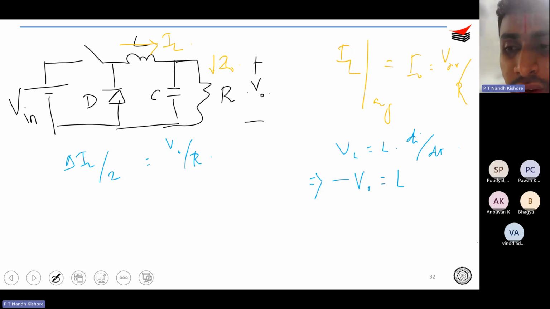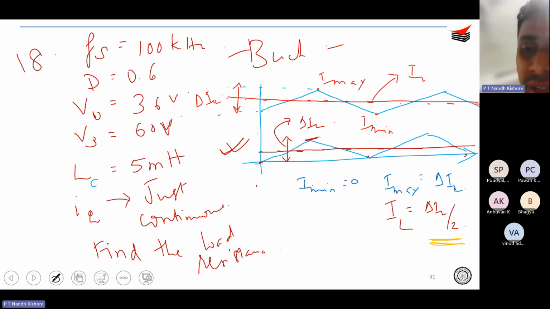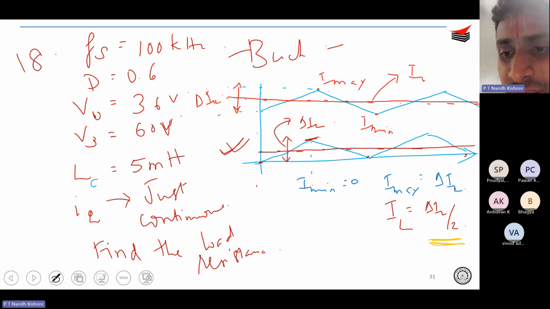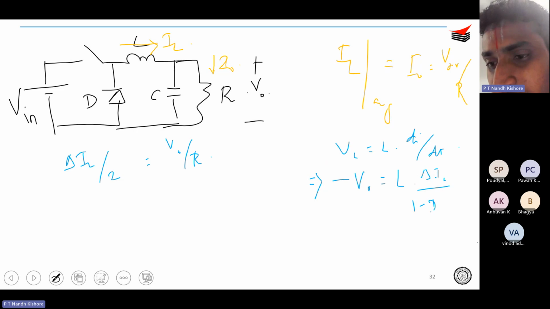So minus V naught is equal to L into di over dt. The di is the inductor current falling from the peak, that is I max, to 0. So di is delta IL, right? And what is dt? dt is the off period. So it is 1 minus d times ts.